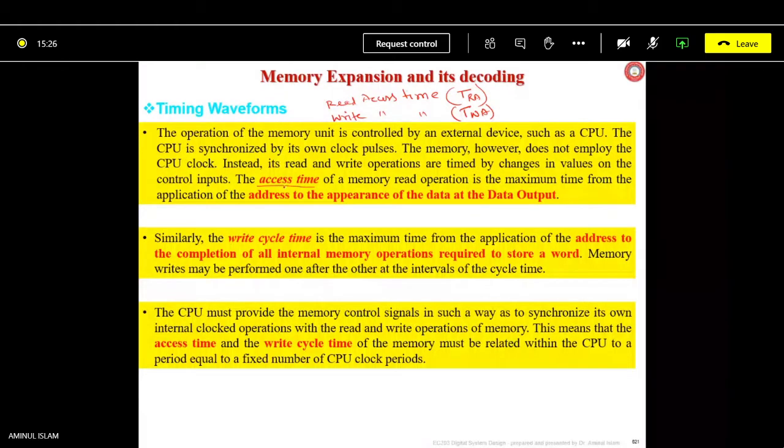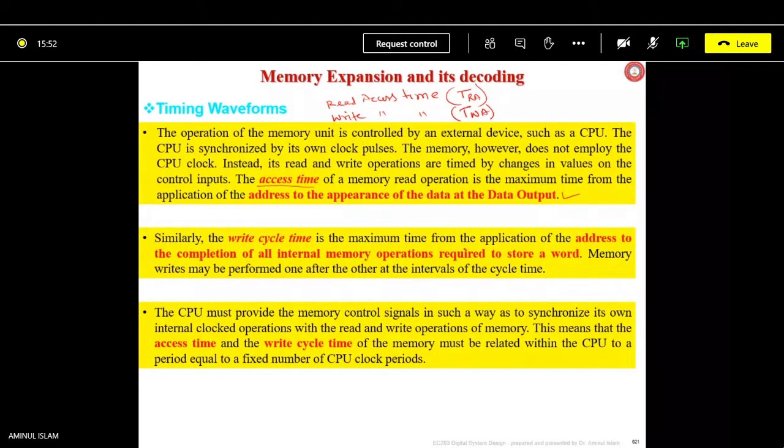For reading, it is just told access time. The access time of the memory read operation is the maximum time from the application of the address to the appearance of the data at the data output, on the bus. This is the definition of access time. Whereas for the write operation, the write cycle time is the terminology used.